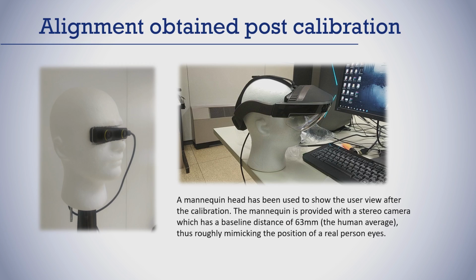So to show the result of a calibration, I used a mannequin, the poor mannequin. I gouged its eyes out and put a stereo camera inside the mannequin. The stereo camera has a baseline distance between the lenses which is the same as the human average distance.